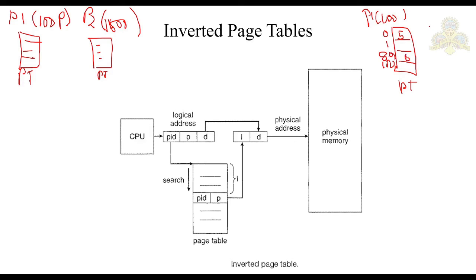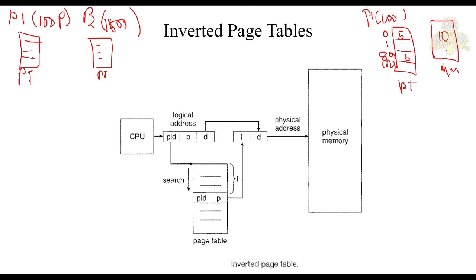Our main memory has only 10 free frames, so out of the 100 pages of P1, only 10 pages can be in main memory.